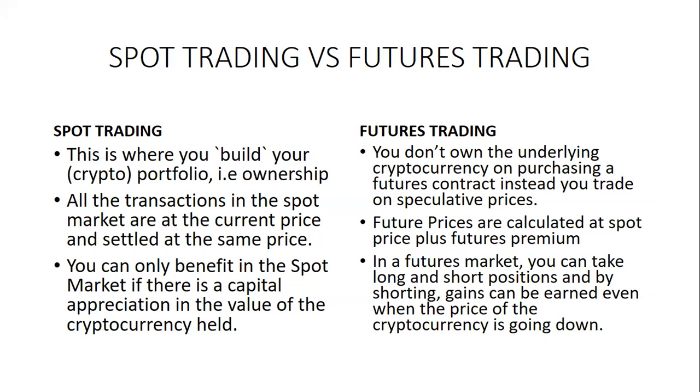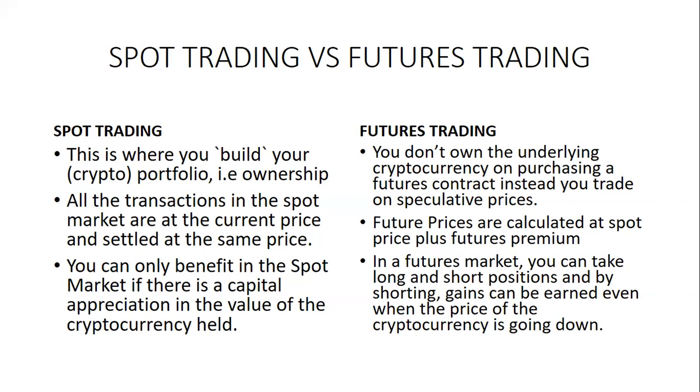You don't have to necessarily own a portion of Bitcoin or Ethereum, or if your thing is Forex, you don't even own the Forex anyway. So you don't have to own it before you trade it in futures. But in spot, you have to own it before you trade it. That's basically the idea. And in spot trading, all the transactions in the spot market are at the current price and settled at the same price.